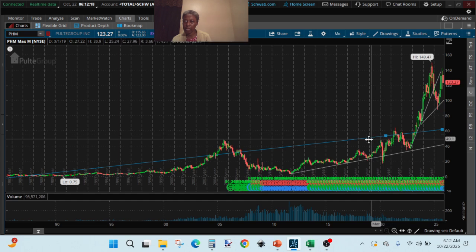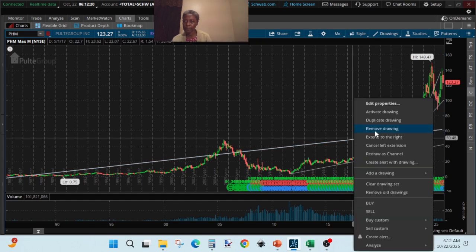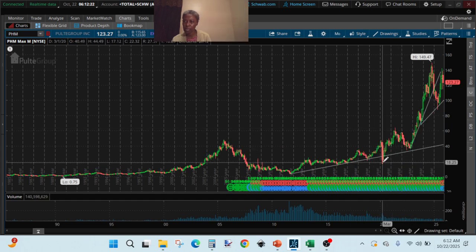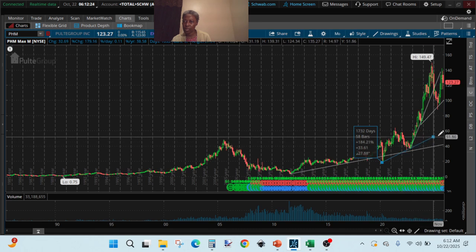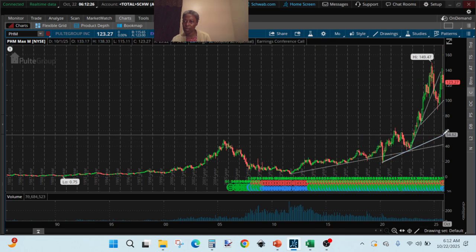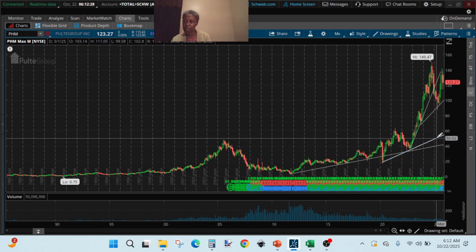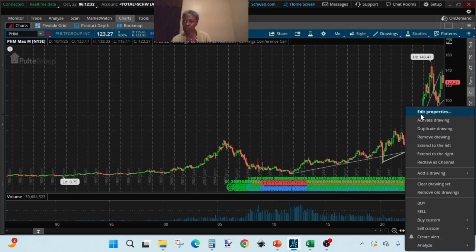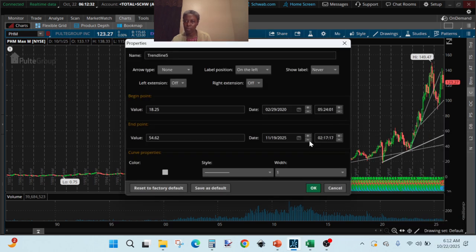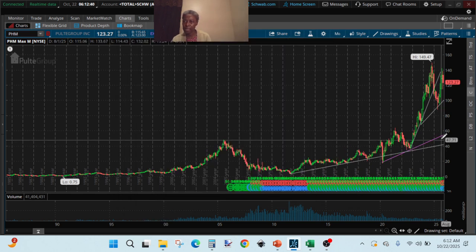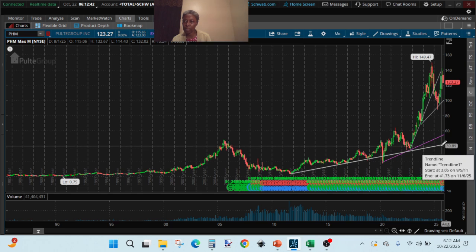Okay, so let's just delete that line and retrace it. So this is going to be our support line to buy at, although it's not too long for me, but I'm going to highlight that. It's not too far from this one, but this one has more touch points.